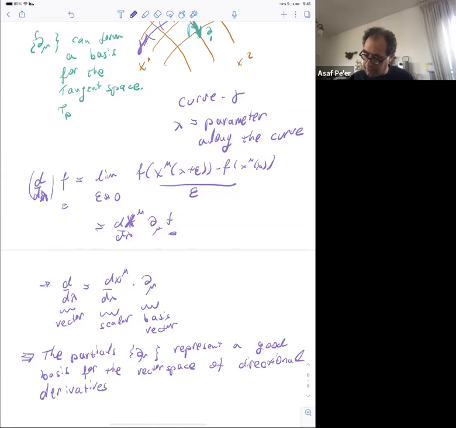Which again, when you think of it for a second, it makes perfect sense. Of course, the specific vector represented by d over d lambda is just the tangent vector to the curve.